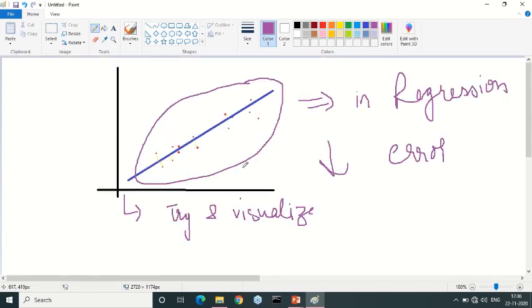As you saw in the equation y is equal to ax plus b, b is the constant value and we have two variables: one is the independent variable x and the second is the dependent variable y. When you plot y and x, we need two dimensions, so it is a 2D plot. These are the things which revolve around simple linear regression.